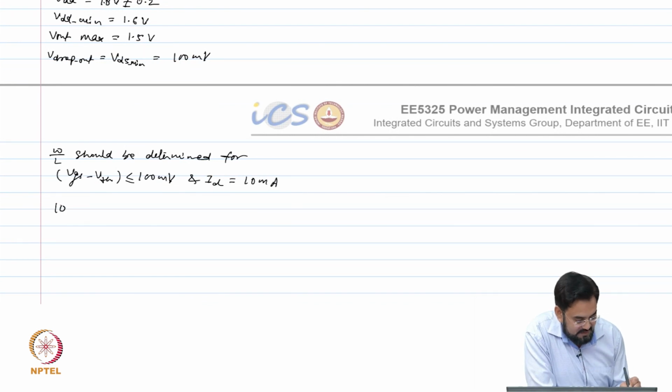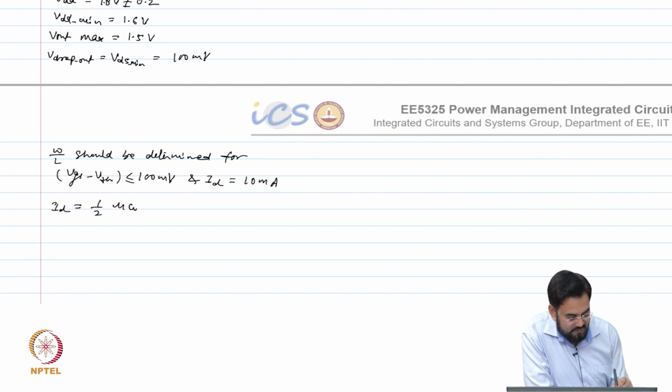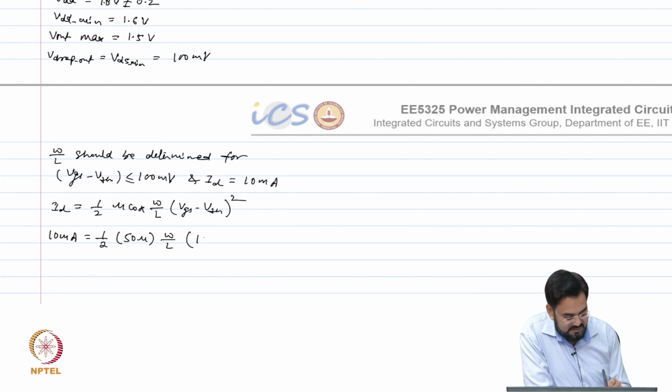So do the calculation again using this equation, ID equal to half mu Cox W by L (VGS minus VTH) whole square. 10 milliamp, half, I will put it 50 micro W by L, and this is 100 millivolt per square.